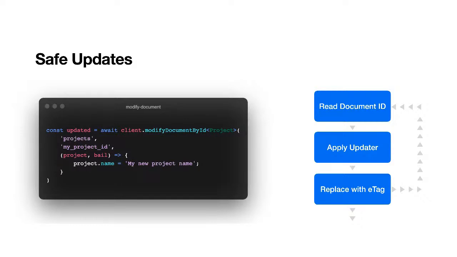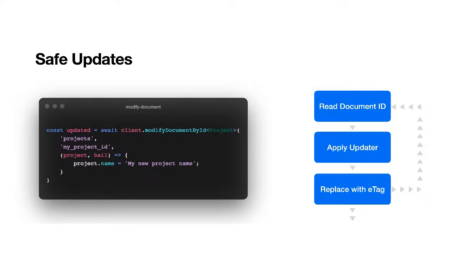Say that you have this scenario where you are reading a document, then you update the document locally and then you push the mutation to the server. The chances that the item was modified by the time you push are very high and can lead to data loss because you are updating stale data into your system.